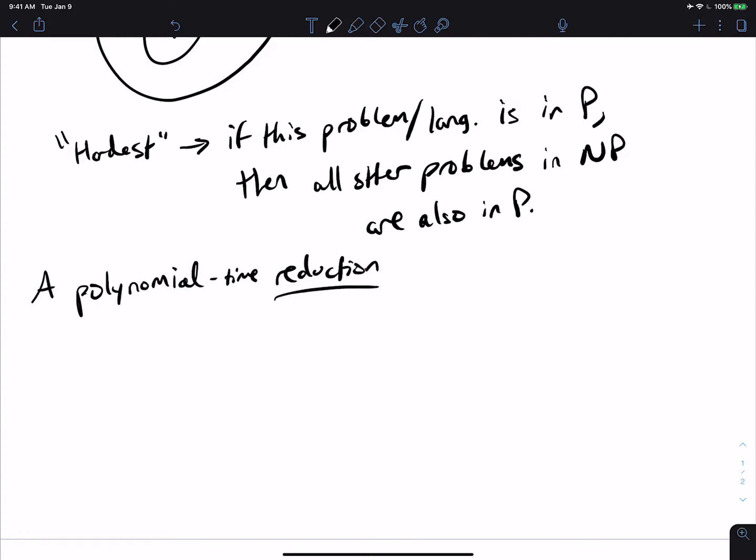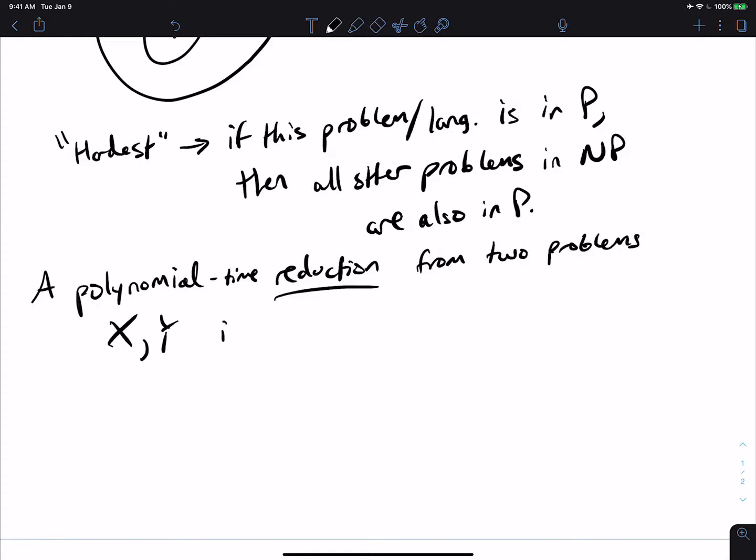The important word here is reduction. Take two problems, A and B. Actually, I'm going to give them different names because we have the A over here. Let's just say X and Y. X and Y are two different languages.